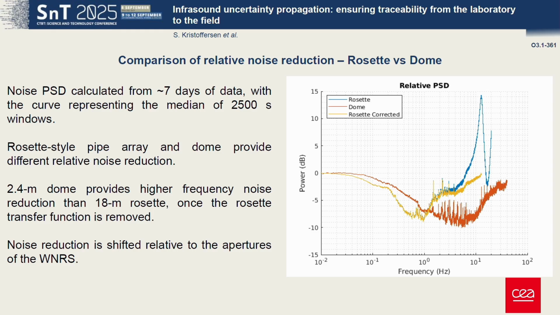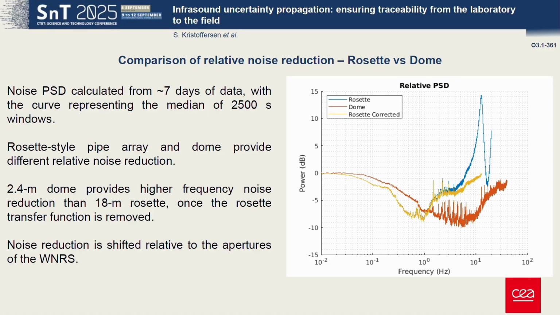So quickly here, I'll show the effect on noise for both these systems. The blue line shows the ratio of the rosette PSD to a reference sensor power spectral density. That gives us an estimate of how much reduction we're getting in noise. This is for an 18-meter diameter rosette with 32 inlets.